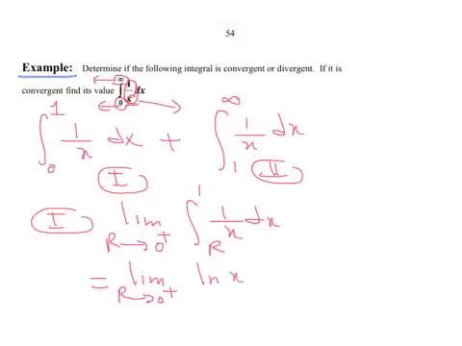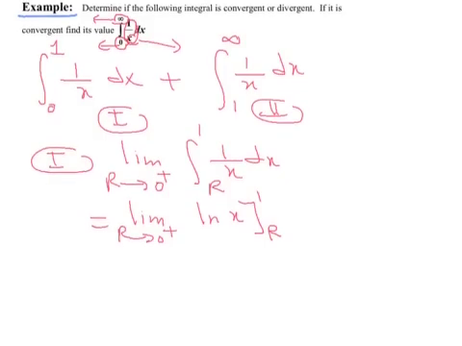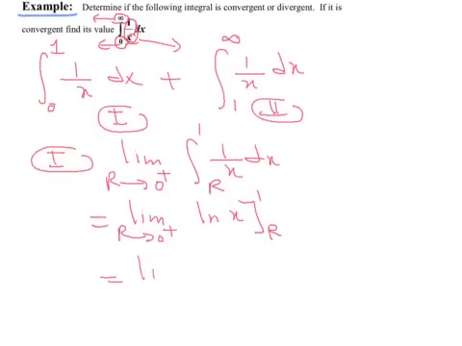Here we don't need the absolute value, from r to 1, which is equal to the limit as r goes to 0 from the right of ln 1 minus ln r.